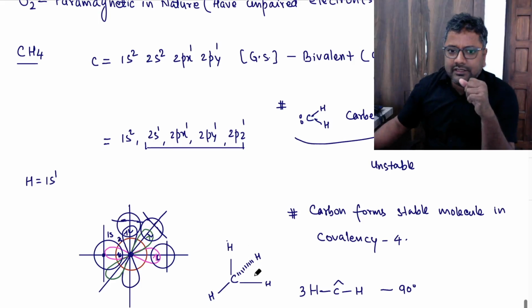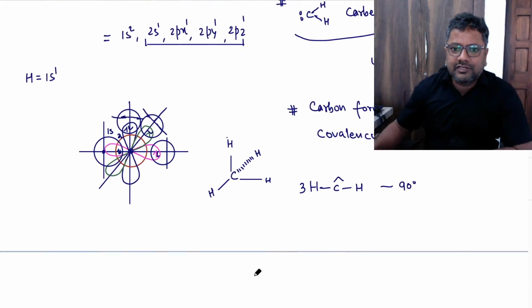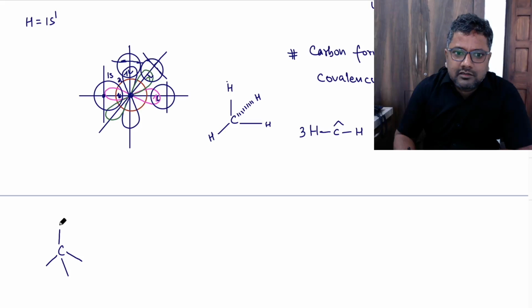But what have we observed experimentally for the structure of methane, the carbon hydrogen bond angle and bond length also?